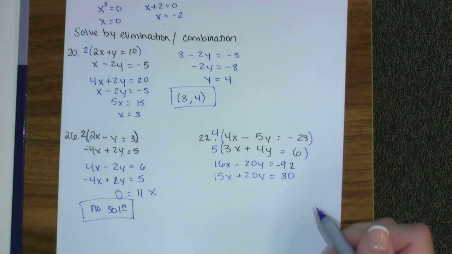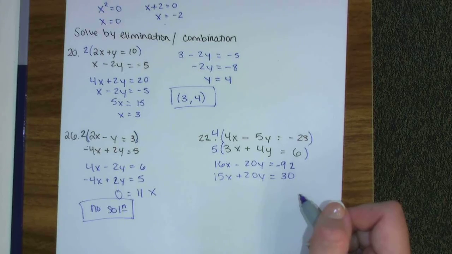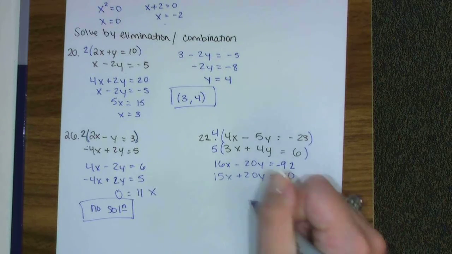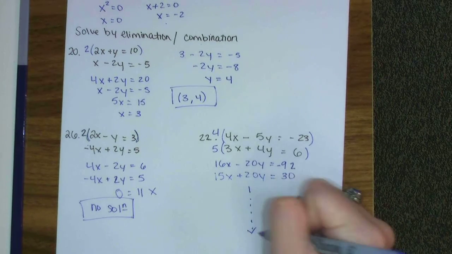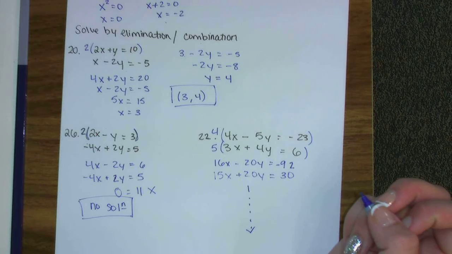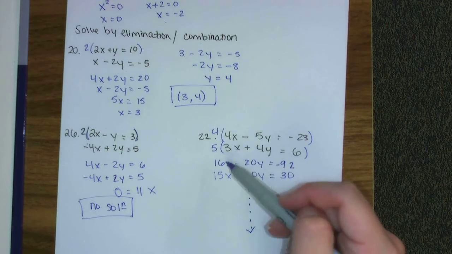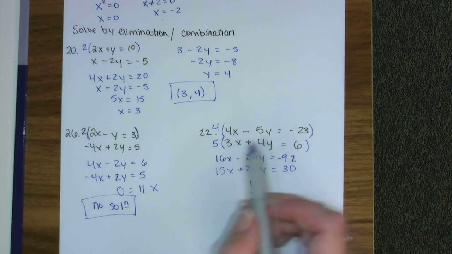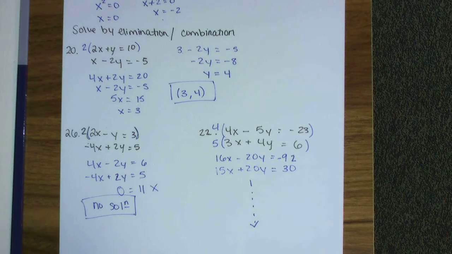So you would have to manipulate both, and then you could proceed as follows. You should be able to do that, but I did want to remind you that you can manipulate both, and if none of the signs were opposite, then you'd have to multiply one of them by a negative, or use the subtraction method, as some people call it.